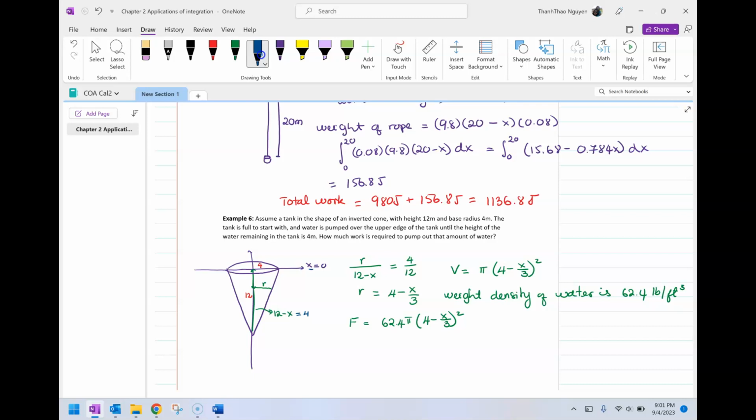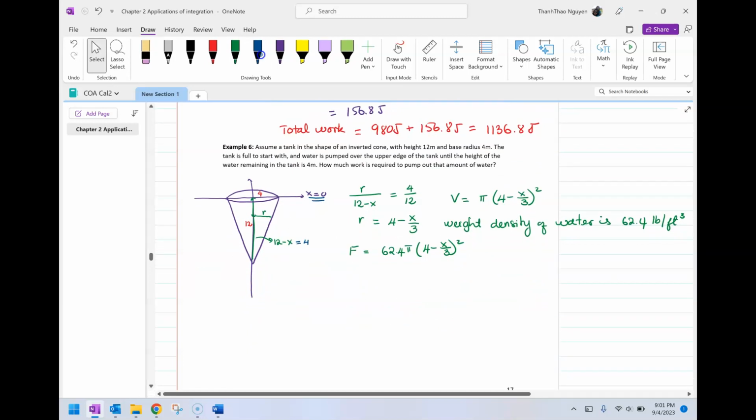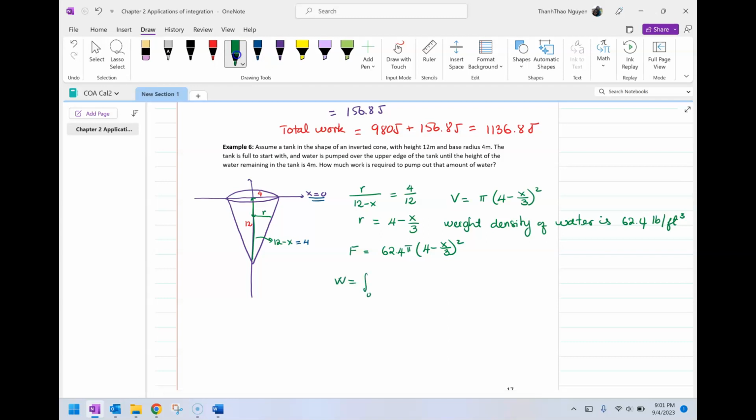It makes sense: starting from x equal to 0 and pumping until the height of water left in the cone is 4 meters would mean we pump out 8 meters. So the work required to pump out 8 meters of water from that inverted cone is the integral from 0 to 8 of the force, 4 pi times x times (4 minus x over 3) dx.